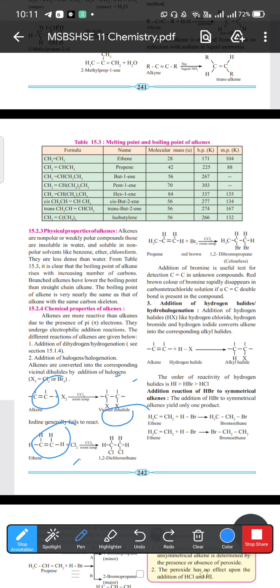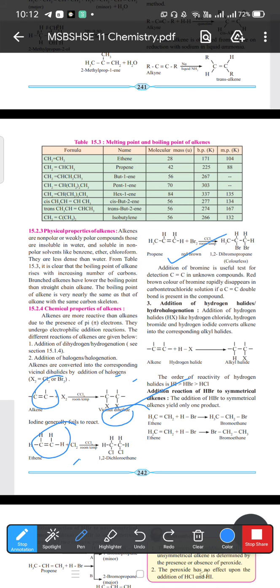Later on in this topic, we want to see the reaction of propene, and that reaction is the bromination reaction. In this bromination reaction, when propene reacts with bromine in presence of CCl4, there is attachment of Br to the doubly bonded carbon atoms, and this gives 1,2-dibromopropane.